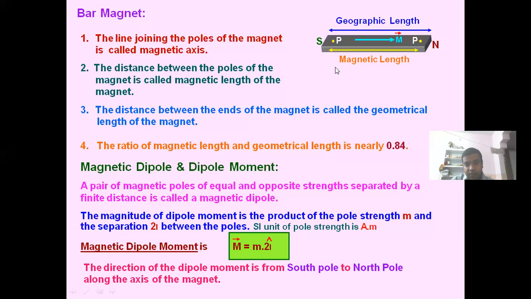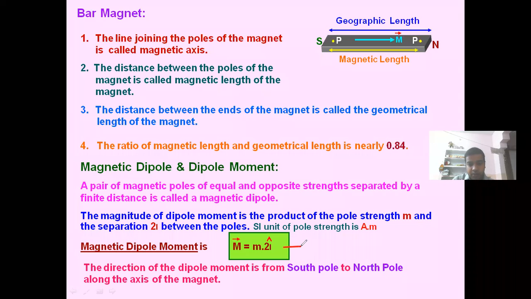The direction of the magnetic dipole moment is always from the south pole to the north pole. That is being shown here in this diagram. So now let me write the SI unit here.